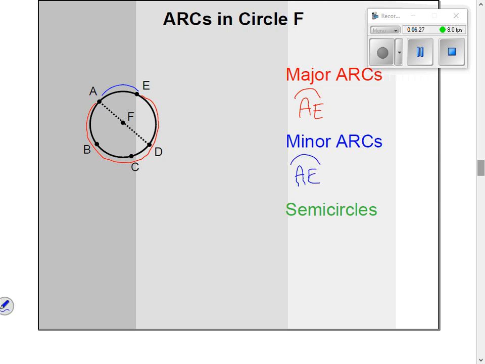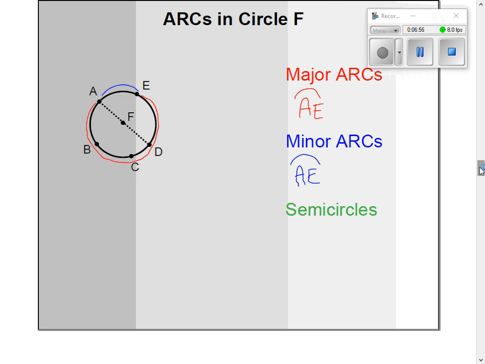Which of those two would be correct? Well, let's just take this from a 15-year-old perspective. Do you like to do less? Yeah? You like to do less. So which of these would represent less? Major or minor? Minor, right?